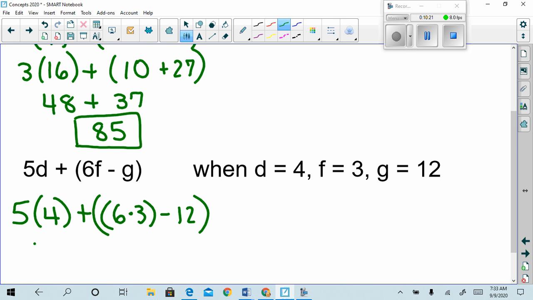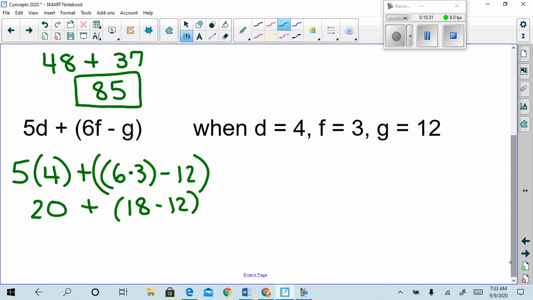Okay, 20 plus 18 minus 12. Now remember that was in parentheses, so I need to do that first. I'm going to have 20 plus 6, which gives me 26.